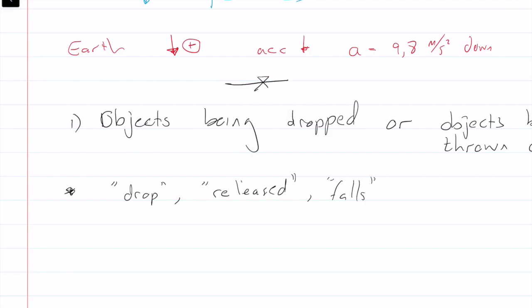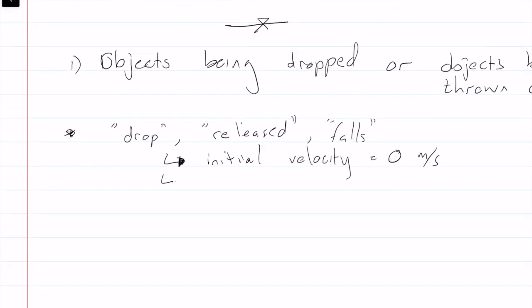If we see these words, what does it mean? If you drop something, it basically means your initial velocity equals 0. So the object is initially at rest. And if we're on Earth, it also implies that acceleration equals gravity.